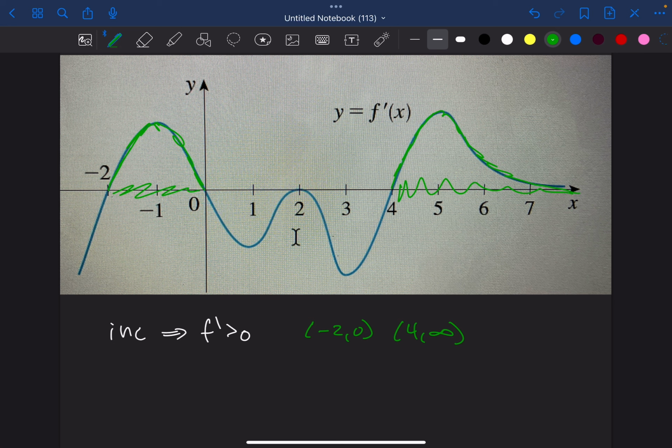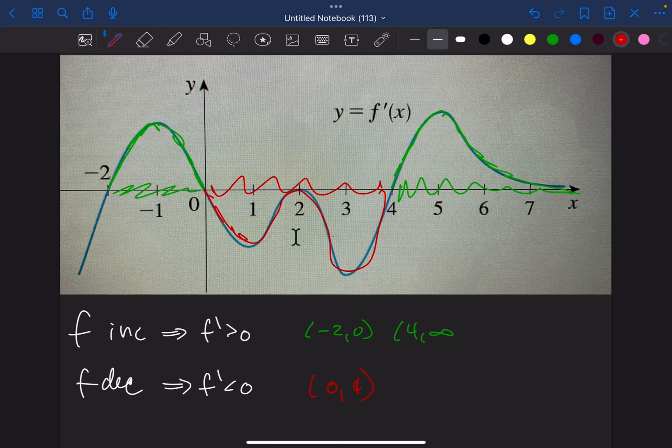Let's see, what else do we have? Then we also have that the function f is decreasing where the derivative is negative. So here's the graph of the derivative, so it's below the axis here. That means for these x inputs from 0 to 4, my original function is decreasing, and that's it.